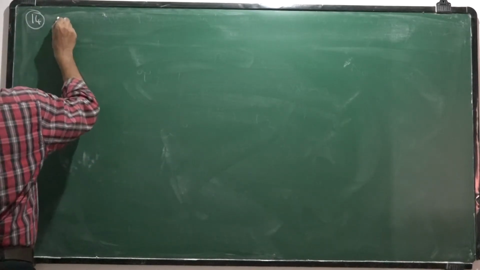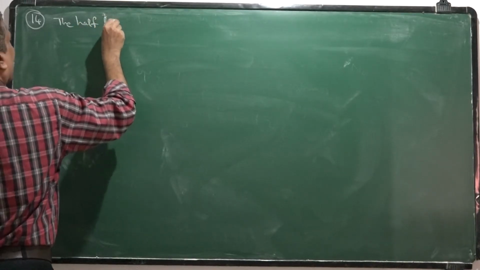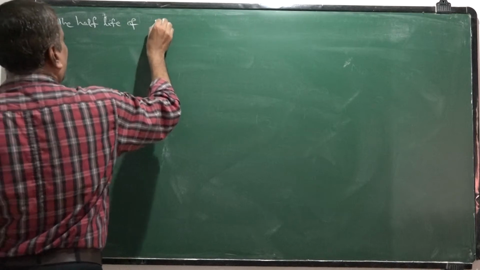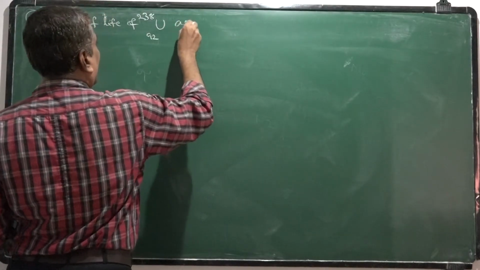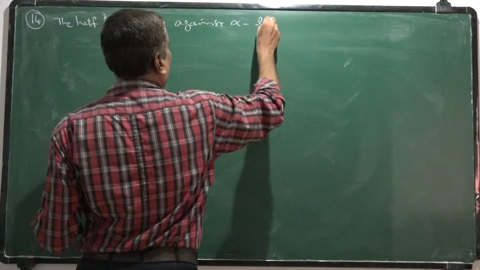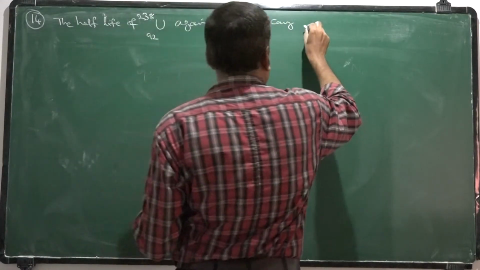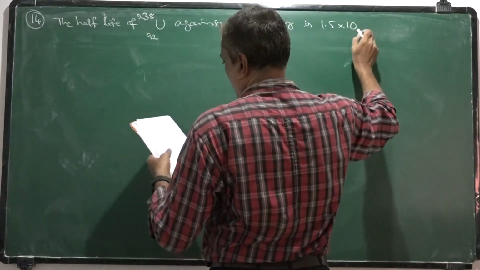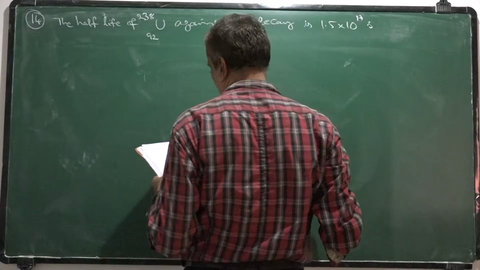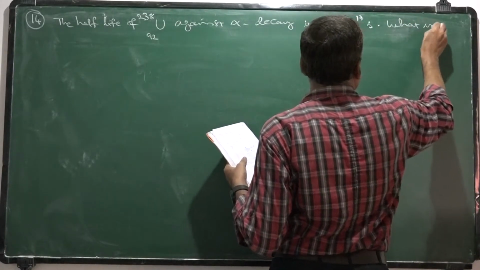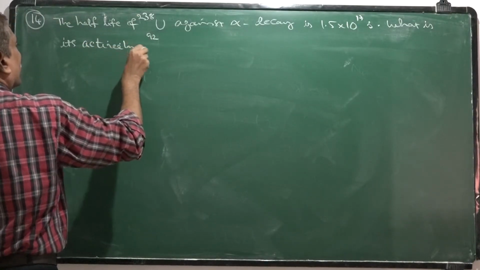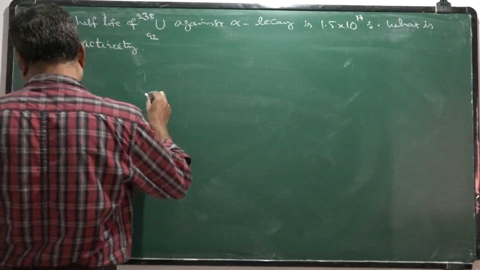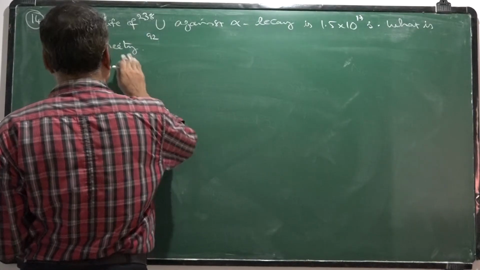Now the 14th one. The half-life of uranium 92-238 against alpha decay is 1.5 into 10 to the power 17 seconds.